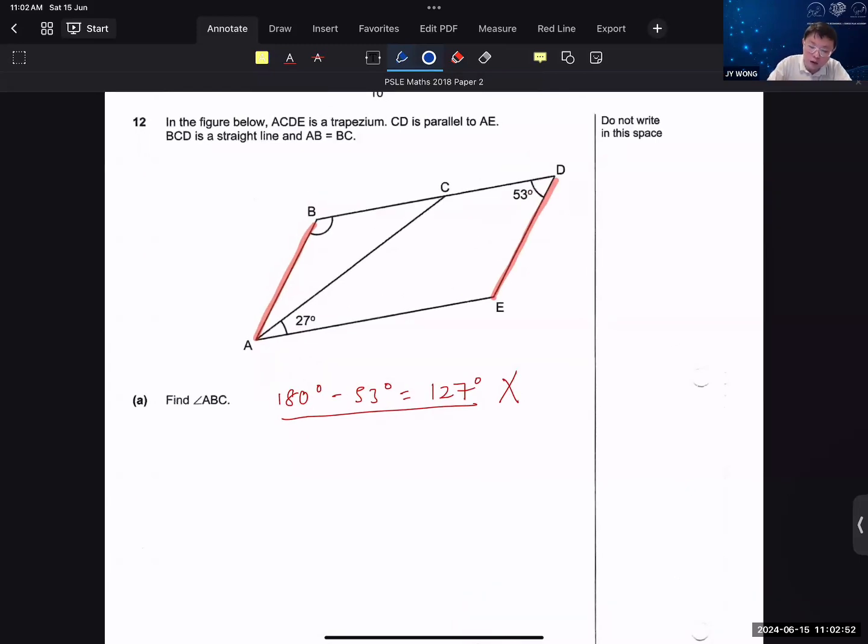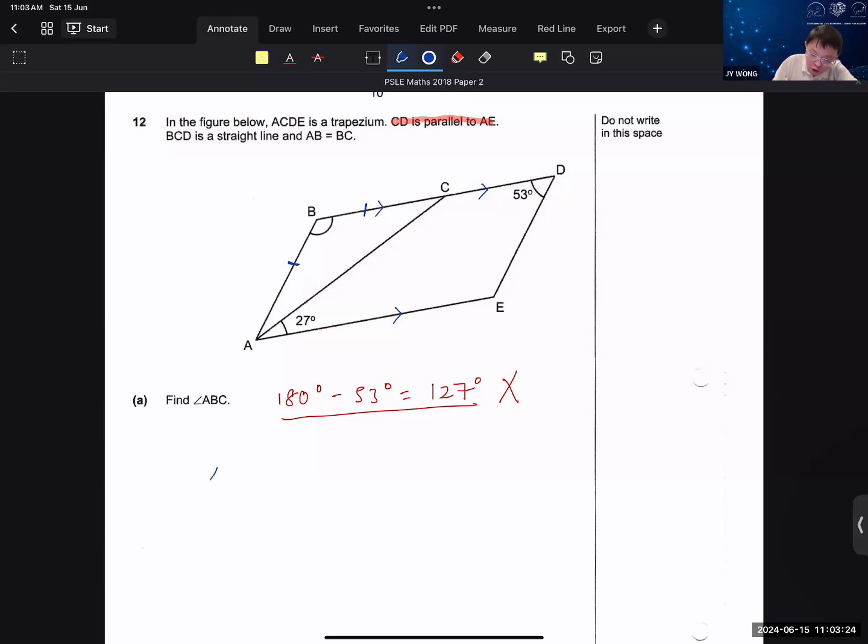Now, the first important piece of information that you should label in the diagram is AB is equal to BC. That you do know. That is given, and therefore your triangle ABC is an isosceles triangle. They tell you ACDE is a trapezium where CD is parallel to AE. So you can label this. And they tell you BCD is a straight line, which means that this is also parallel.